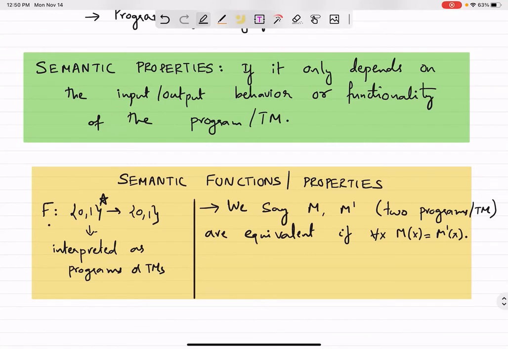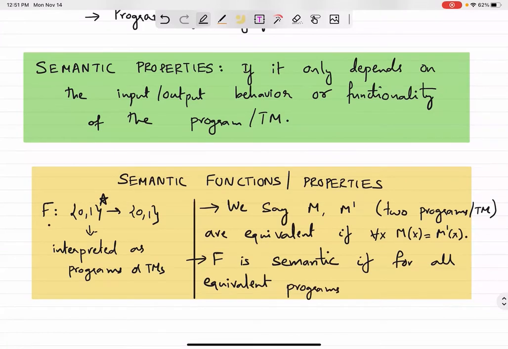Okay, and we will say a function on programs f is semantic if for all equivalent programs m comma m prime, f of m equals f of m prime.